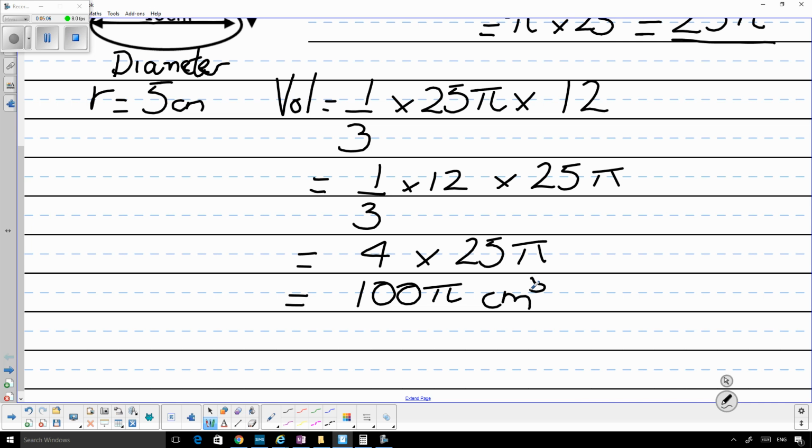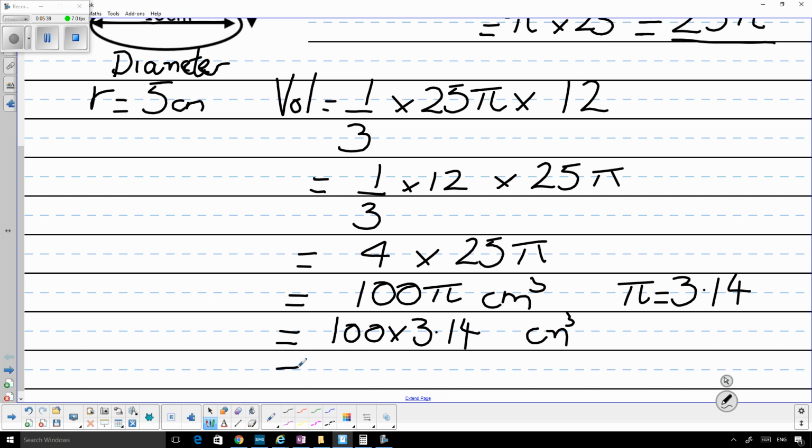What I could do now is either put that in my calculator as a value of pi, or I could say let pi equal 3.14, or however many places it's been given to, and now just work this one out. 100 times 3.14, and we'll put centimeters cubed over there at the end.